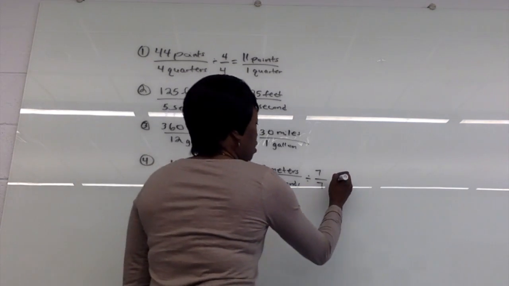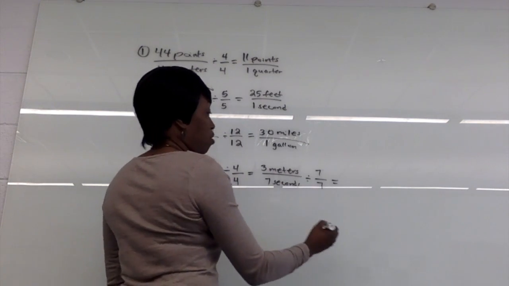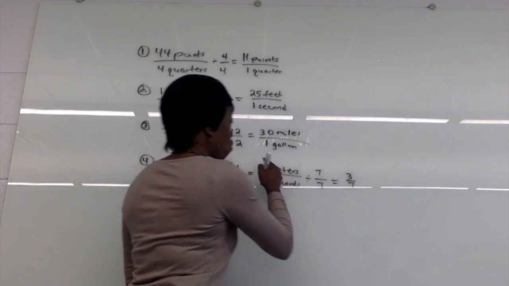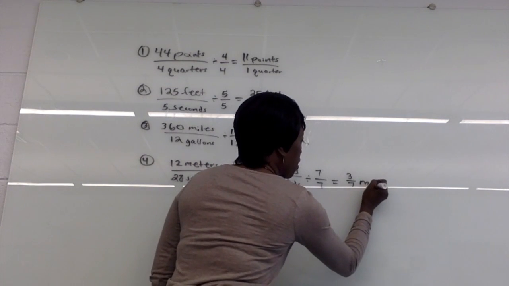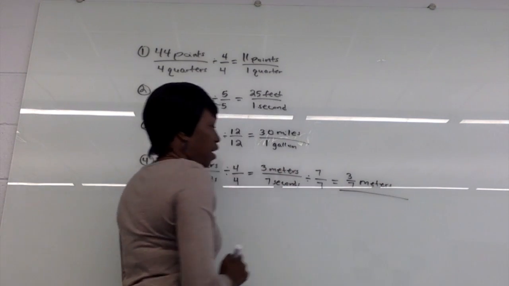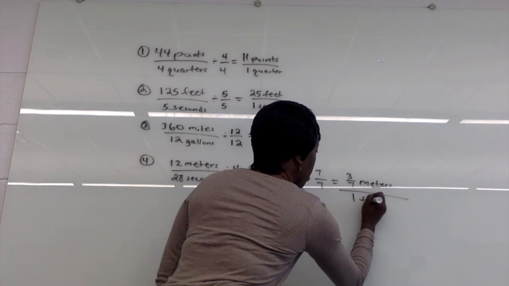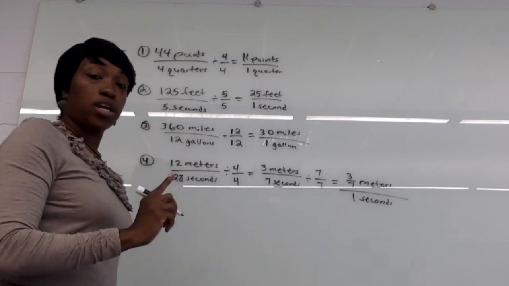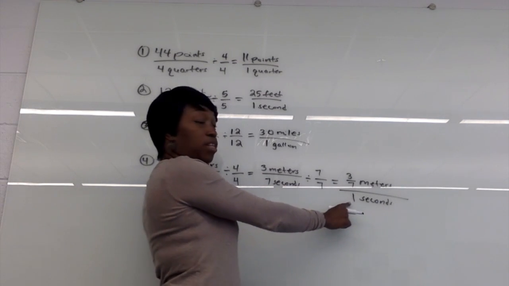Once I do that, I'm going to end up with a fraction in my numerator. So 3 over 7, or 3 divided by 7, that's my meters. Okay, 7 divided by 7 is 1 for my seconds. Now you see I have a 1 in my denominator. This is now a unit rate because I have a 1 in my denominator.